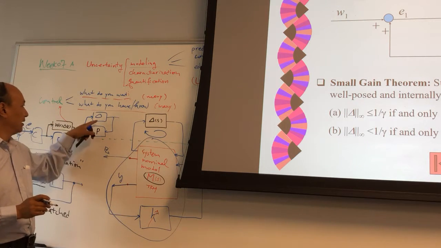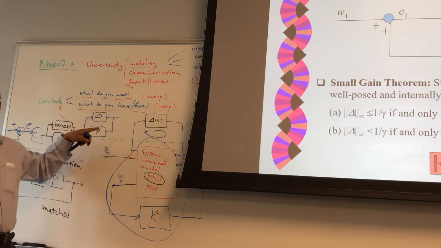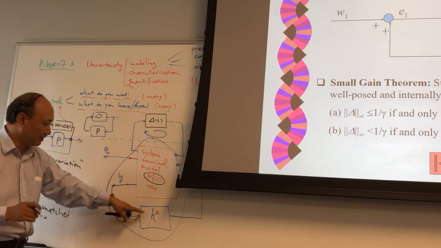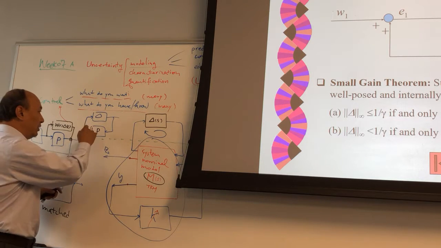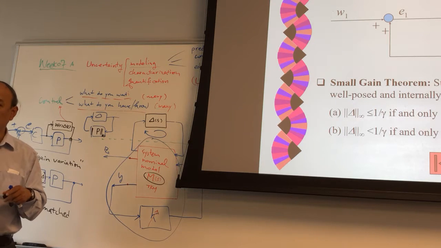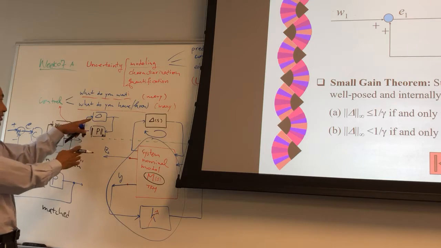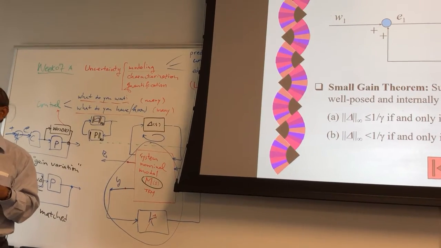So then, using the small gain theorem, because this is a given K, given M, this is a given, I know it. Therefore, its infinite norm is known to me. Therefore, based on a small gain theorem, I know how big this guy could be. Okay?